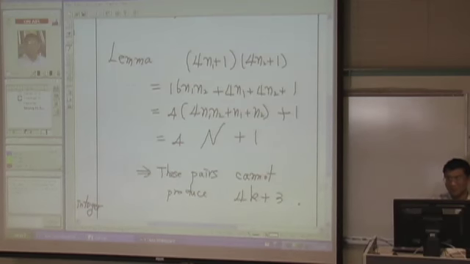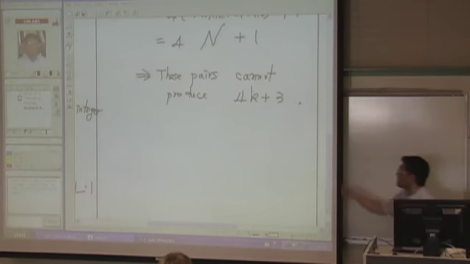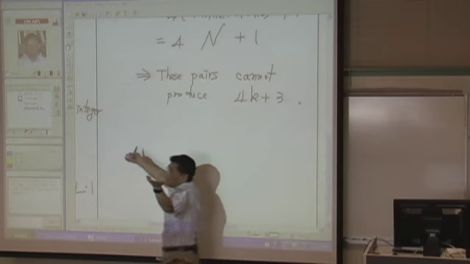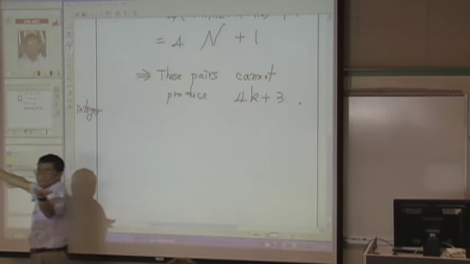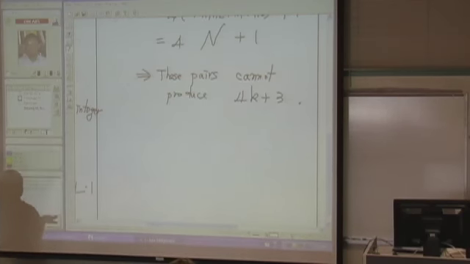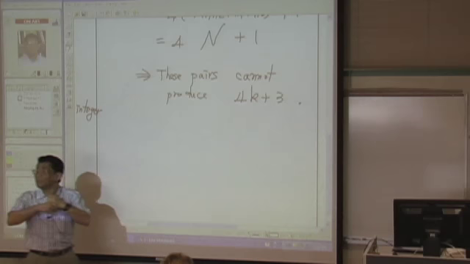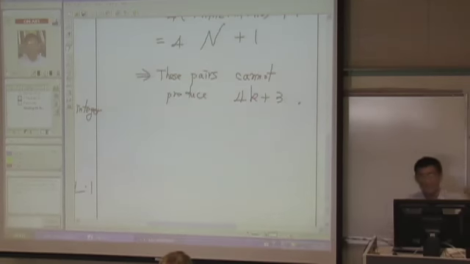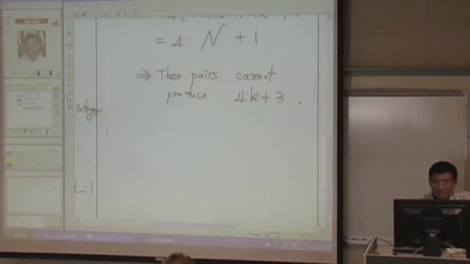Just one pair is good enough, but we can be generic. So we cannot produce 4k plus 3. Pick any two 4n plus 1 pattern, like 5 and 9. 5 times 9 is 45, right? So it has remainder 1. In any case, this is very straightforward.